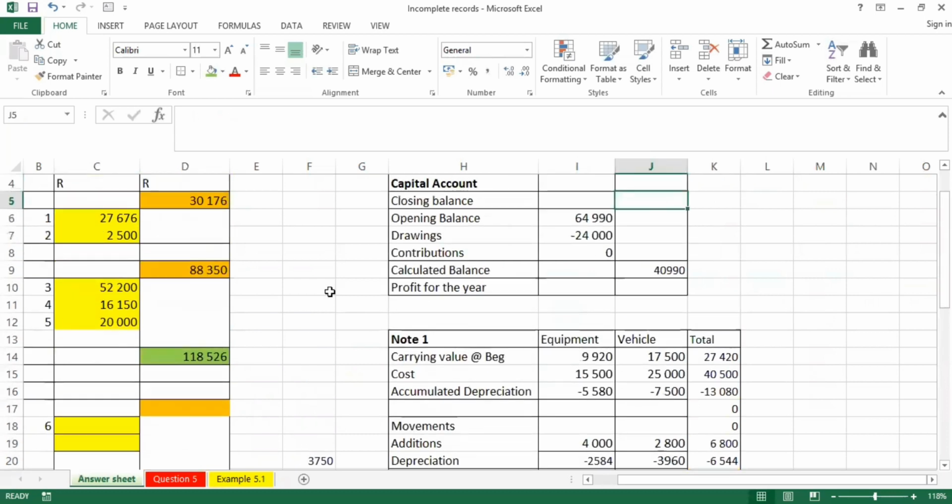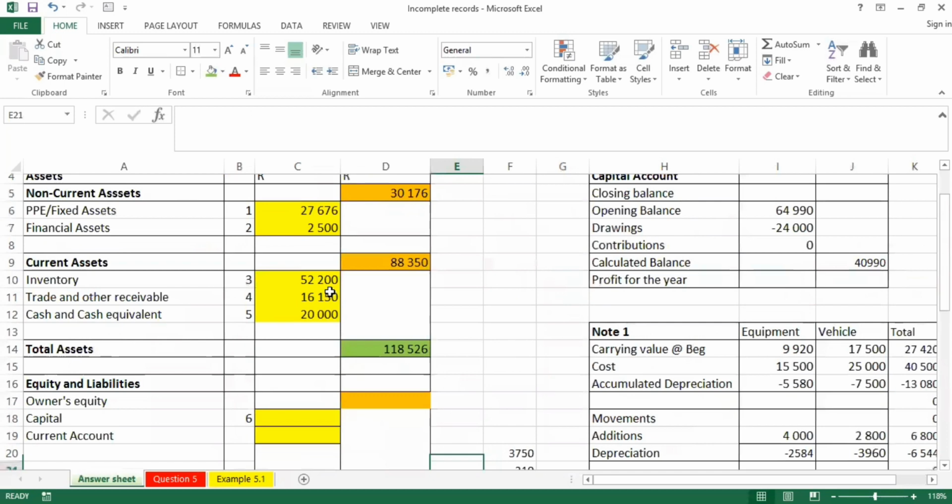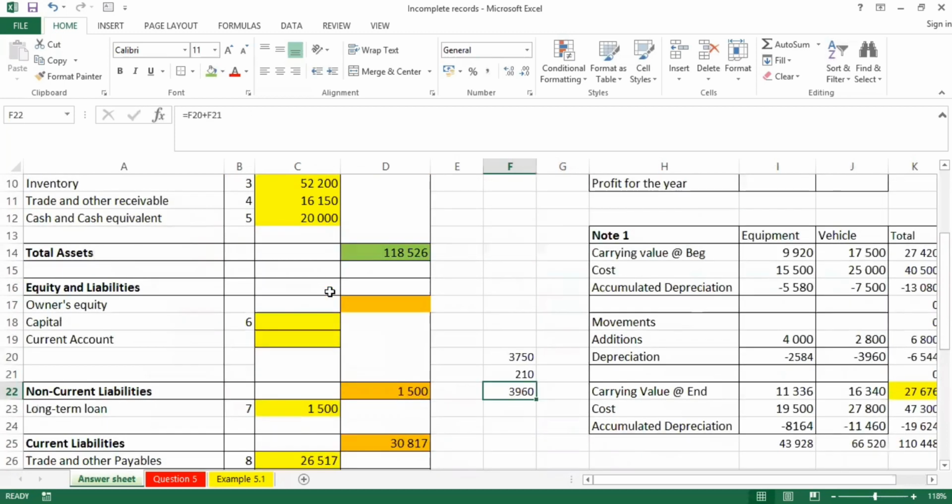So let me just do the calculation somewhere on the side. Okay, I'll do the calculation here, and we say it's equal to our total assets minus our liabilities.